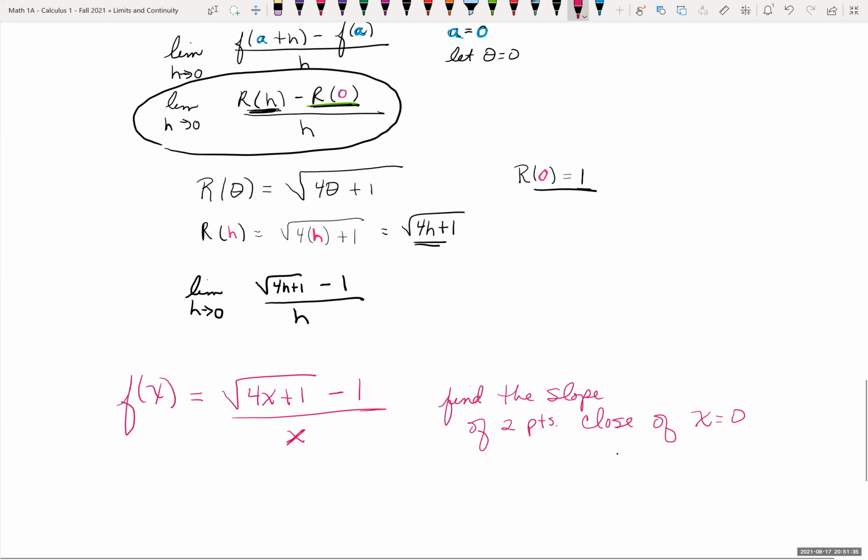If I plugged in 0 here, I would have a problem, right? This gives me the square root of 1 minus 1 all over 0, which is 0 over 0.